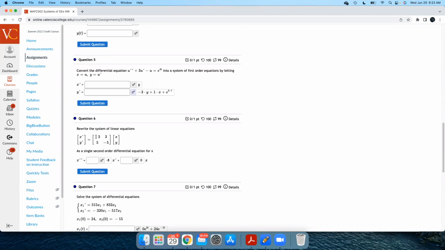If you notice, if I multiply the first line, the row, by negative 5/3, I get the second one. So my determinant there is 0. I think that's what will allow us to just write everything in terms of x.